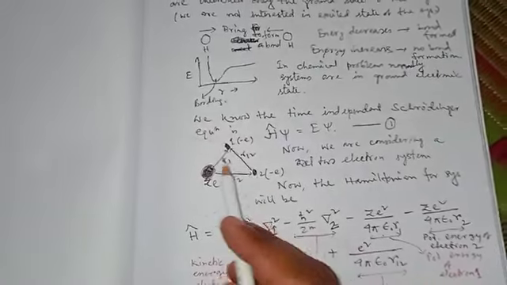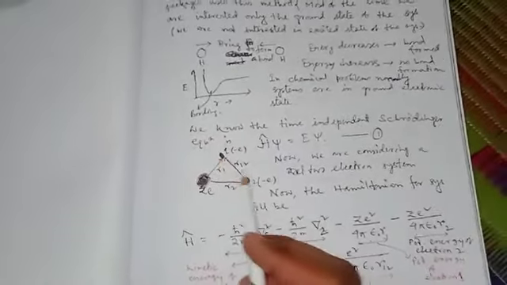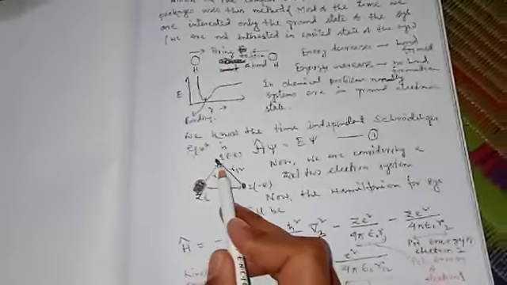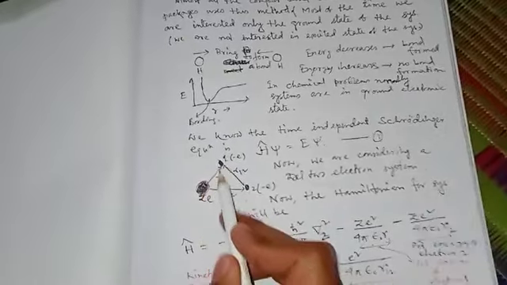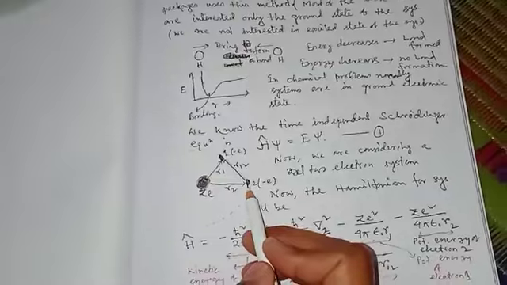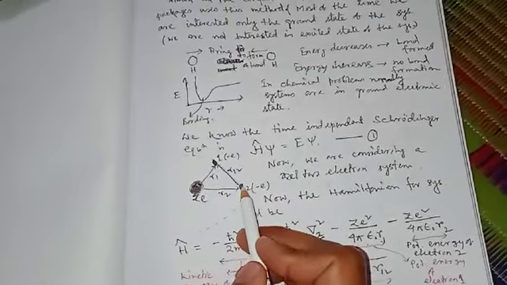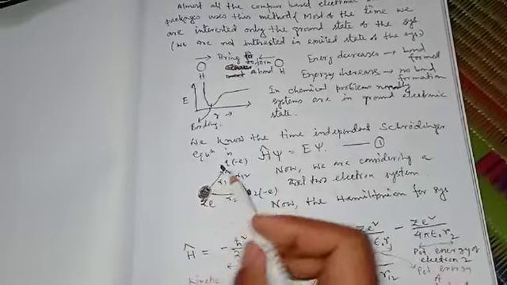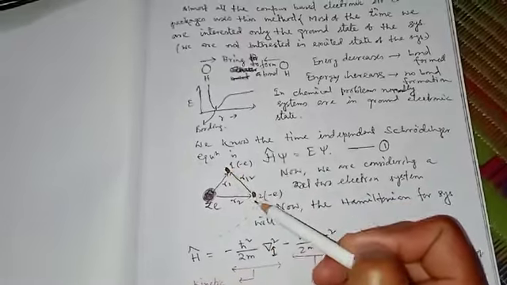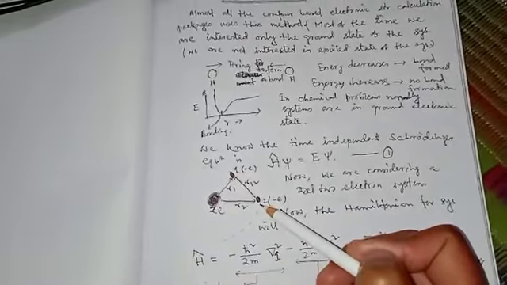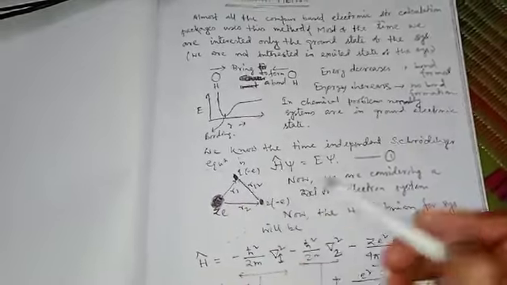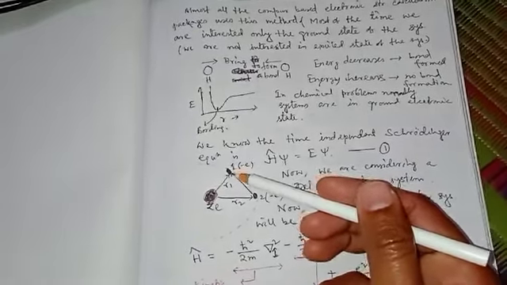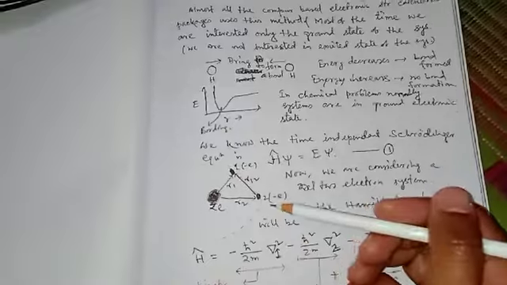Kinetic energy will be for the first electron, then the second electron, then the potential energy for attraction between electron 1 and the nucleus, and the attractive potential working on electron 2 by the nucleus. So there are two attractive potential energies working on electrons 1 and 2 by the nucleus, and another repulsive potential energy working between the two electrons, electron 1 and electron 2.